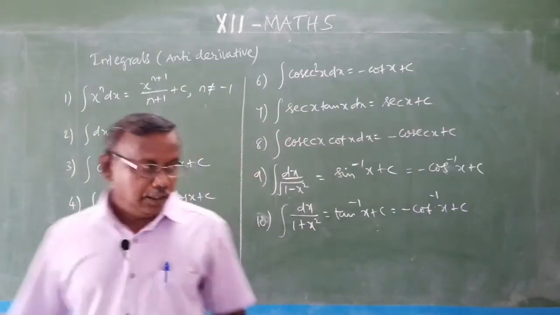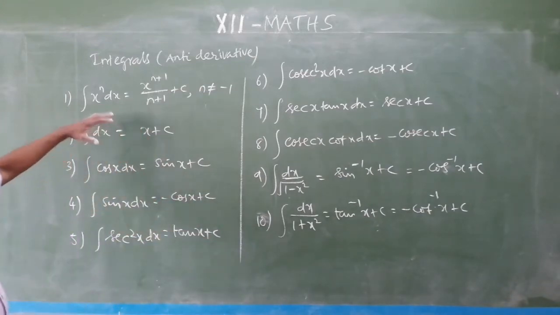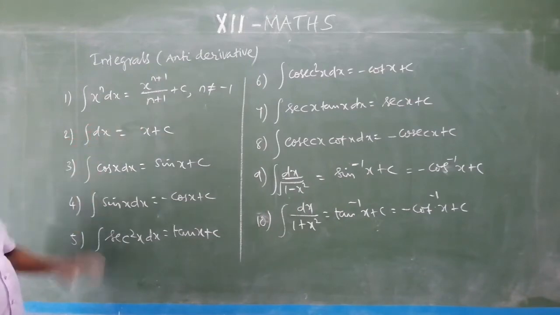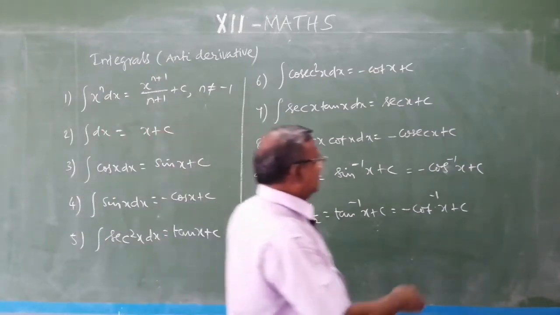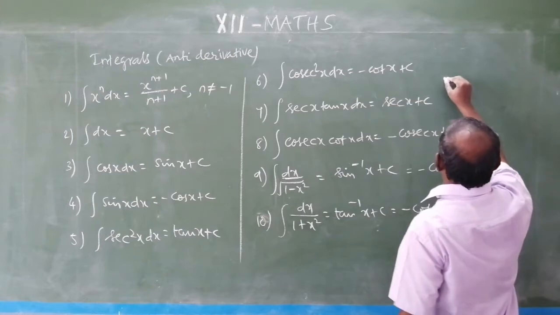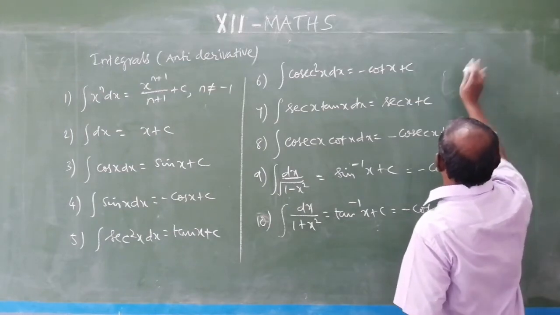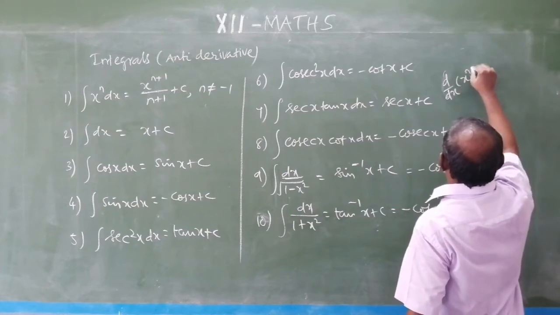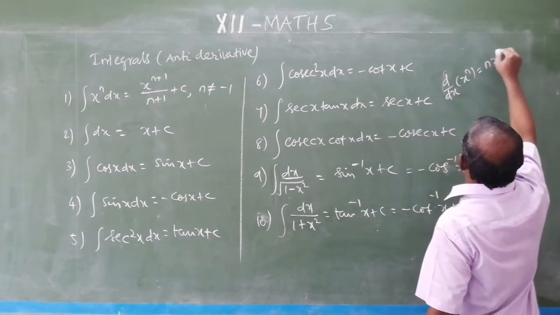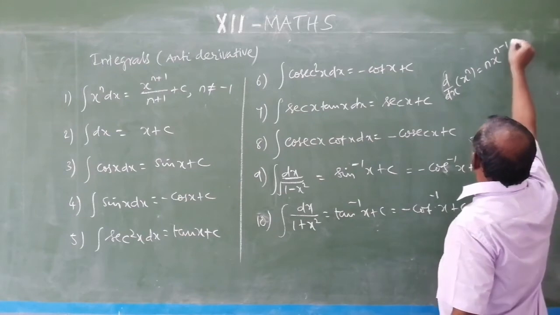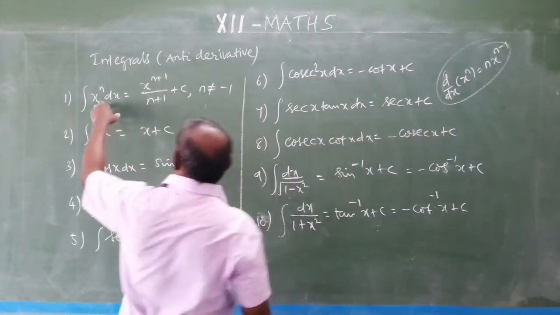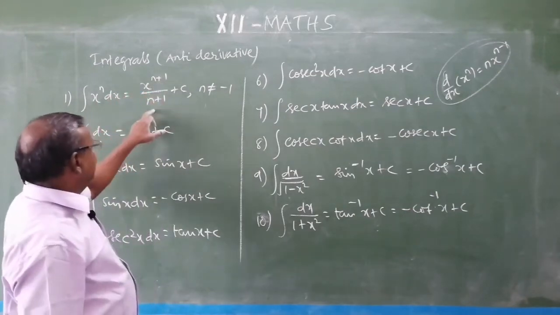Here are some of the integrals which are considered as antiderivatives for this function. Now, we know that in derivative, d by dx of x power n equal to n into x power n minus 1. Whereas in integration, x power n becomes x power n plus 1 divided by n plus 1.